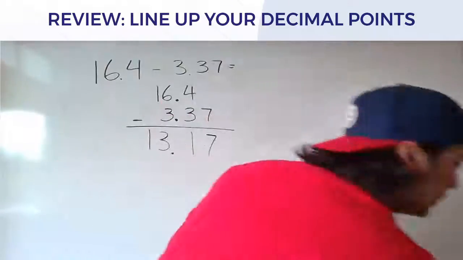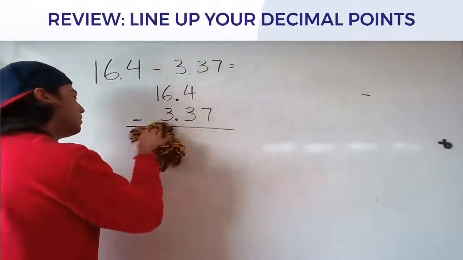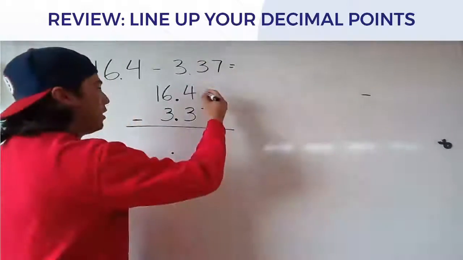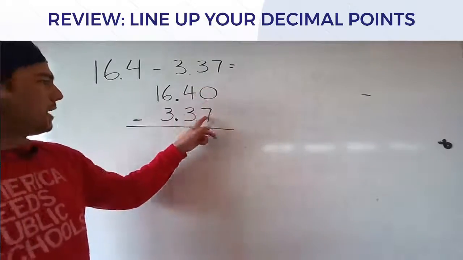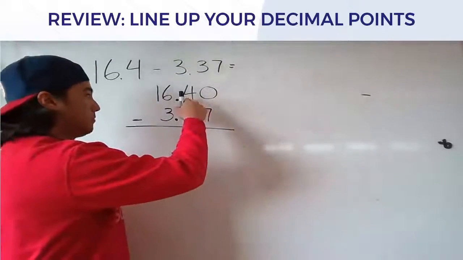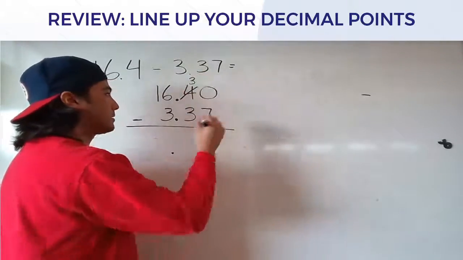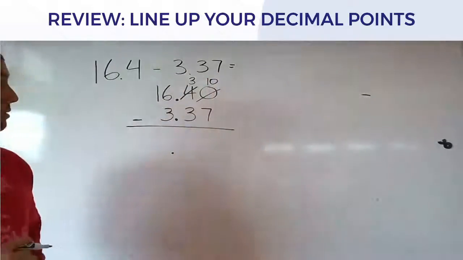Okay, that's why we need to regroup from the next place over. And that's why our 0 helps. If your 0 is here, then you can clearly see, oh, 0 minus 7 is not going to work. So I'm going to need to regroup, take one of my tenths, and convert it into 10 hundredths.